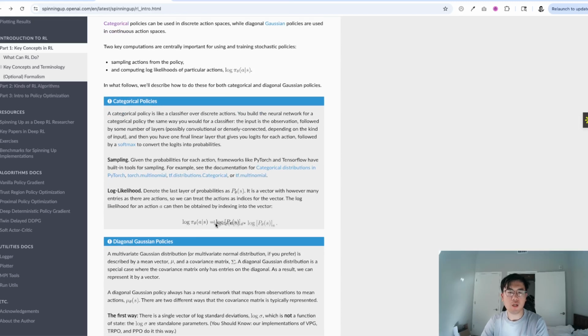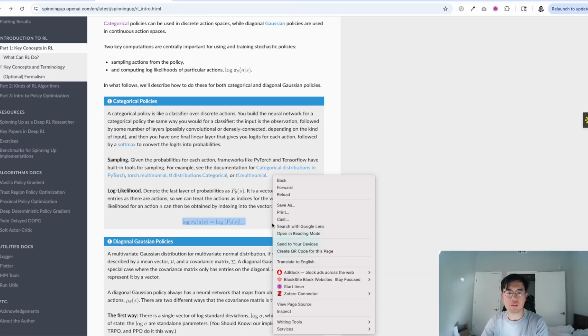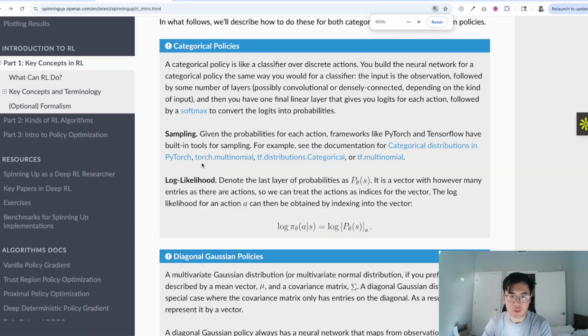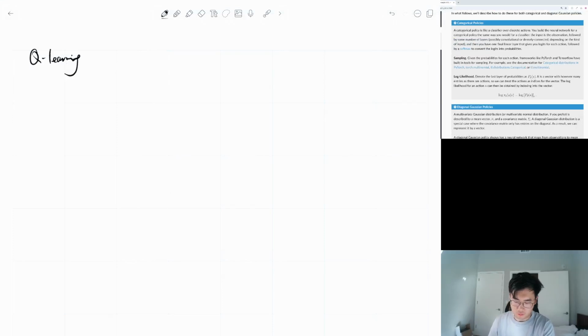Alright, so in behavior cloning, what we're trying to do is maximize the log likelihood. Let's go to my iPad. This equation makes a lot more sense now, right? In behavior cloning, we have a state and an action sampled from a data set.